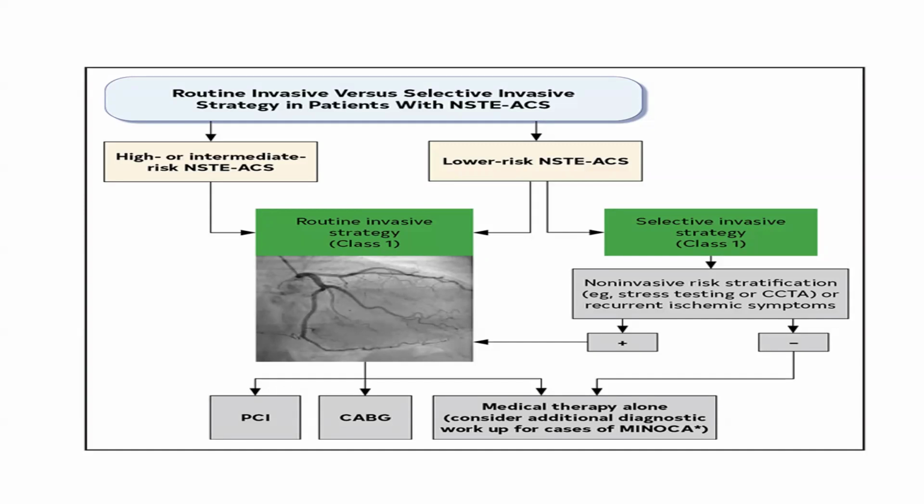If the patient falls into the category of low risk NSTEMI, then go for the selective invasive approach. Before going for that, we can go for non-invasive risk stratification in the form of coronary CT angiography and stress testing. If that is positive, go for routine invasive. If it is negative, then go for medical therapy alone.